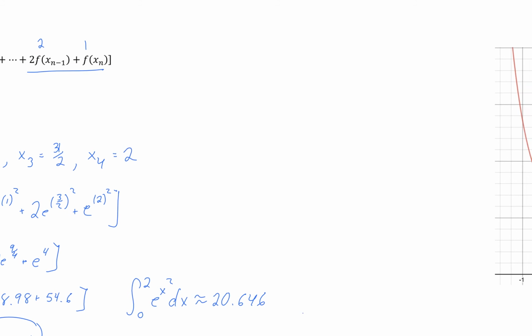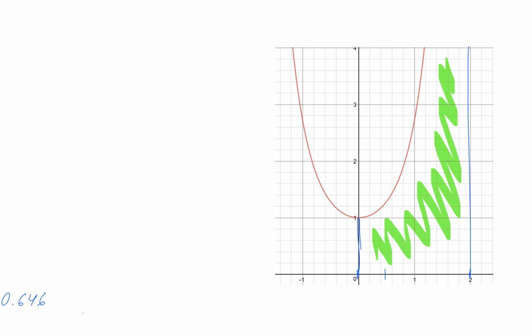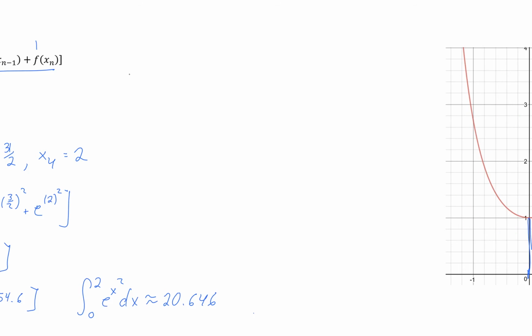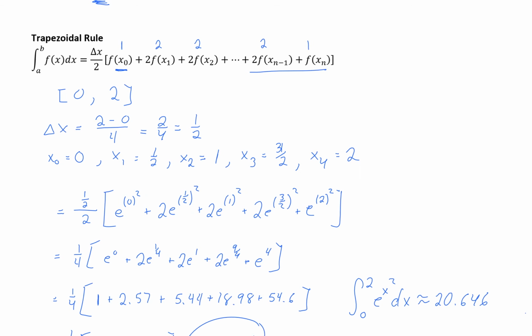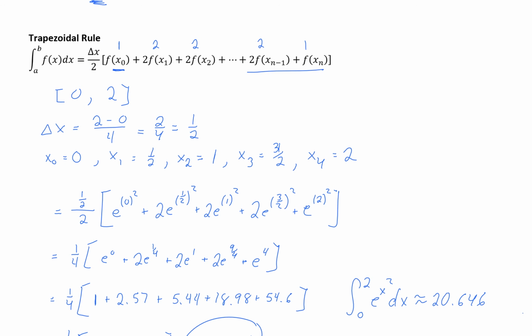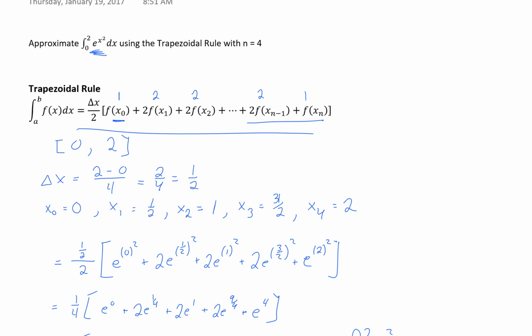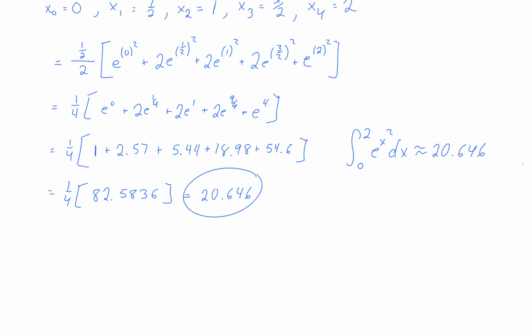So the area under this curve here is approximately 20.646 units squared. Using the trapezoidal rule is really not too difficult, because you have this formula, and then once you find your subintervals, it is just plugging each x value of those subintervals into your function, being e to the x squared. And there you have it, our approximation.